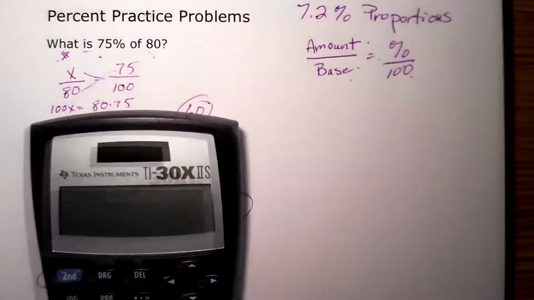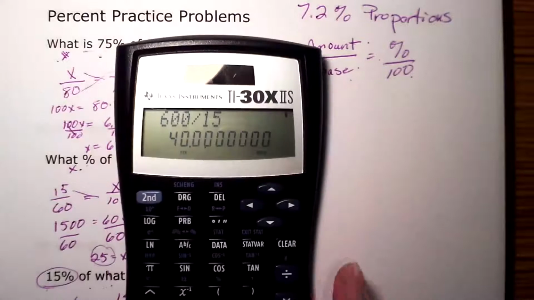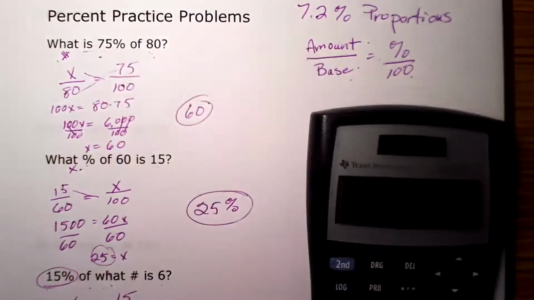And 150 times 60 is 9,000. So 100x equals 9,000. Divide by 100 to find x. 90. So 60% of 150 is 90.